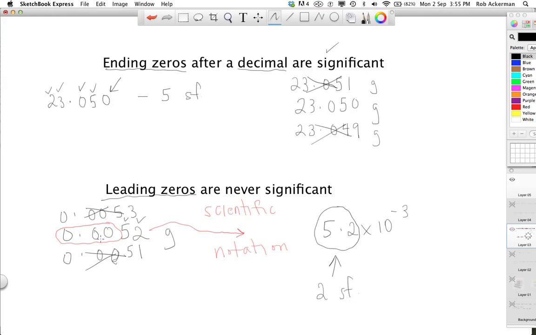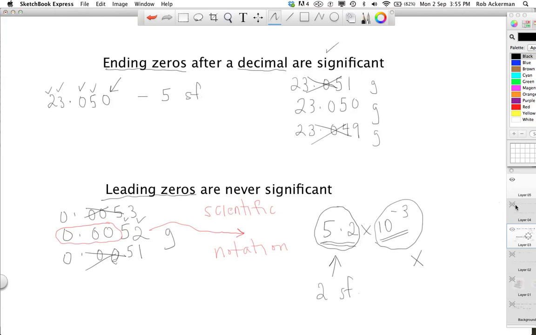Whenever you have leading zeros, as in a decimal, and you just write the number in scientific notation, you'll instantly find out how many sig figs there are, because this is where that number is contained. There's no zeros that go in front of this. As for this part here, it just tells you where the decimal place is, so it has no bearing on how many sig figs there are.